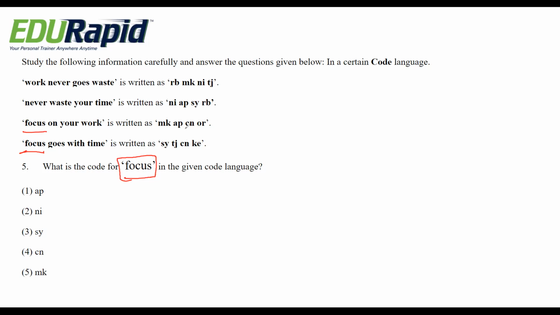AP is also not present in the fourth. CN is present in the fourth sentence. OR is also not present in both. So only CN is common. So we can say that for the term focus, CN is the code. That is option 4. This is a very easy topic. Don't leave it in the exam. Easily you will get 5 marks in your pocket.